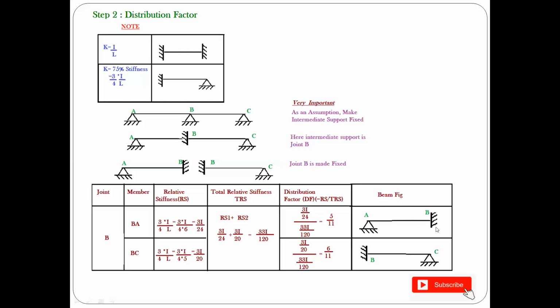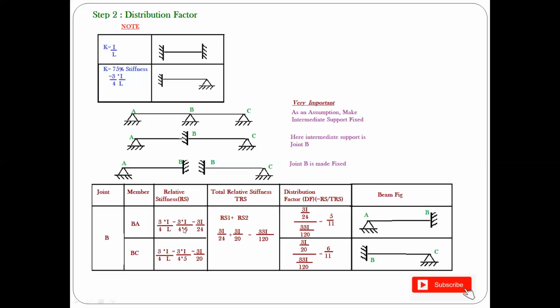Since it's not fixed at both ends, it is 3 by 4 I by L for both cases. For the AB and BC spans, one side is pinned and one side is fixed, so the stiffness for both cases will be 3 by 4 times I by L.